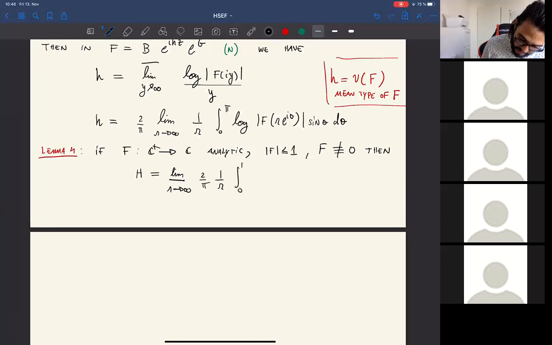So it's exactly the same thing, but instead of limit, we're taking the lim inf. Then this is finite. Since f is less or equal than 1, the log is going to be negative, so H is always a negative number. Saying that it's finite is basically just saying that it's greater than minus infinity.